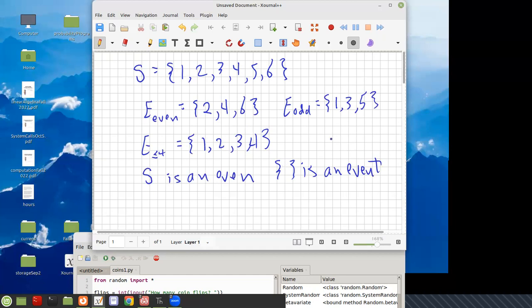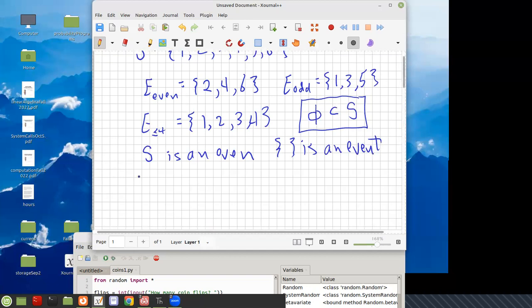So this is a convenience, because we know that the empty set is a subset of every set. We'd like to be able to say that if we have two events, their intersection is going to be a subset of the sample space, and we'd like that to always work. But what about this: the intersection of the even and odd events?